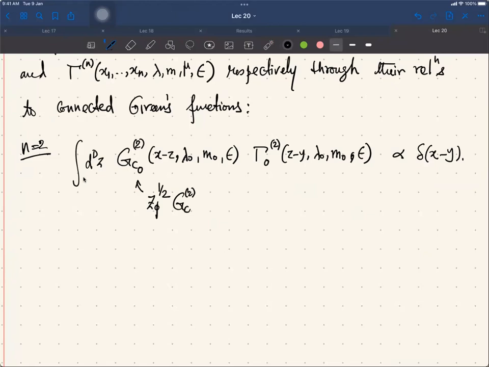Then it shows that the bare 1PI vertex 2-point must be equal to Z phi.